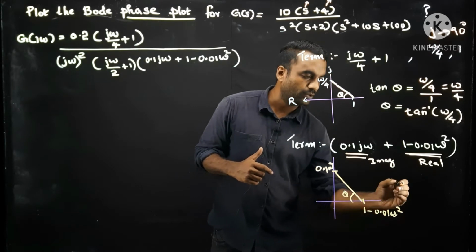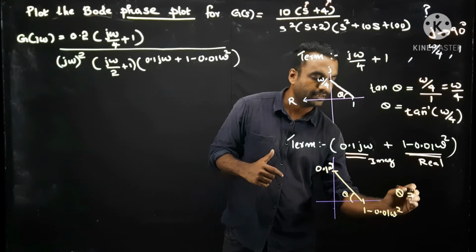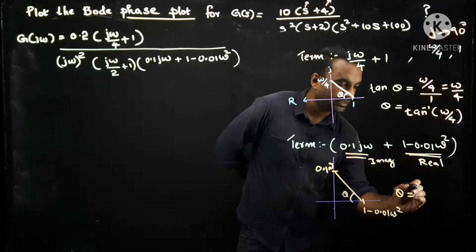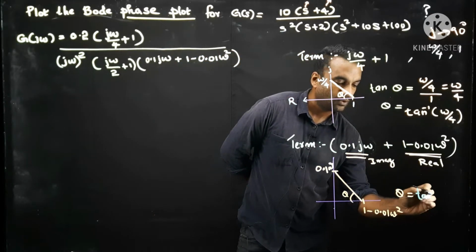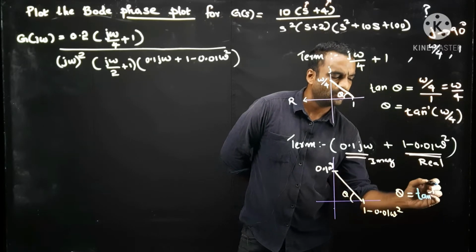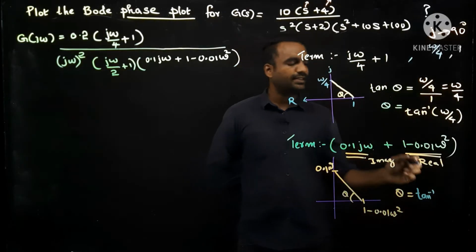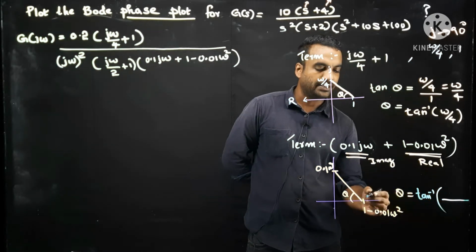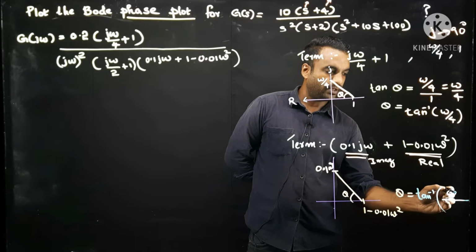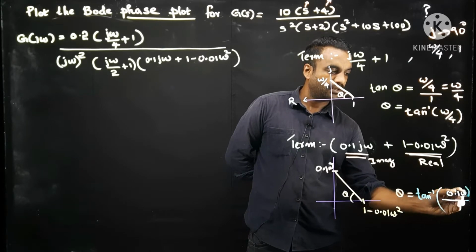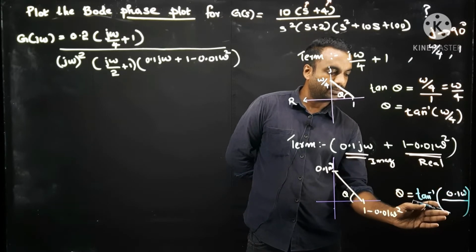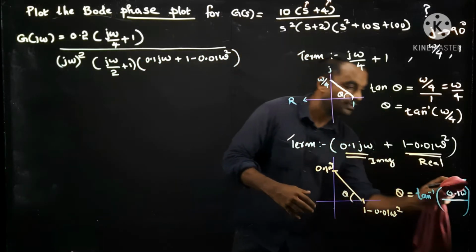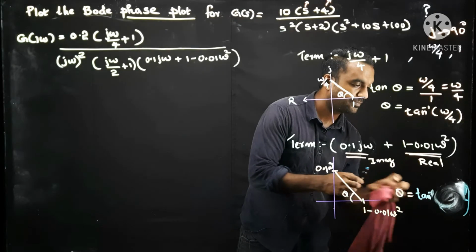So theta is equal to, again the same result, tan inverse of opposite side by adjacent side. Anyhow, in all such things, theta will be tan inverse of imaginary by real. So here imaginary is 0.1 omega, and real will be, I think, I will write it somewhere else.